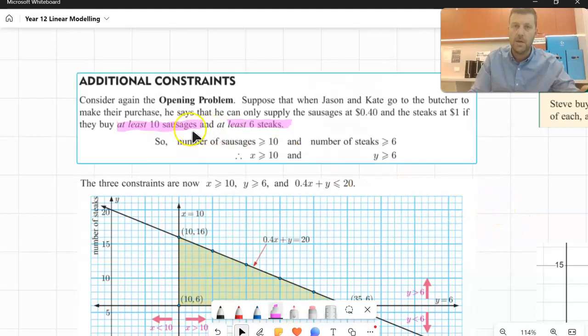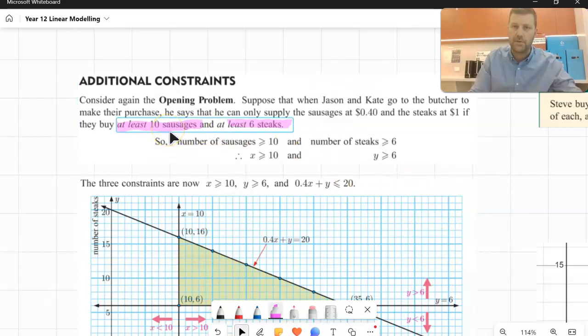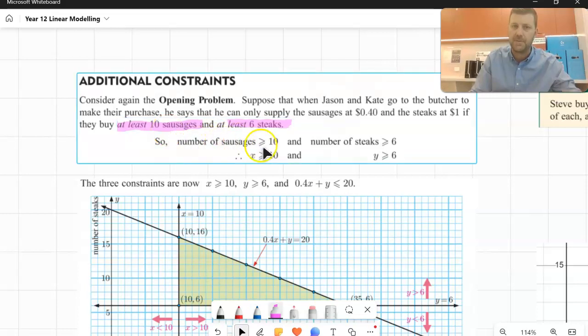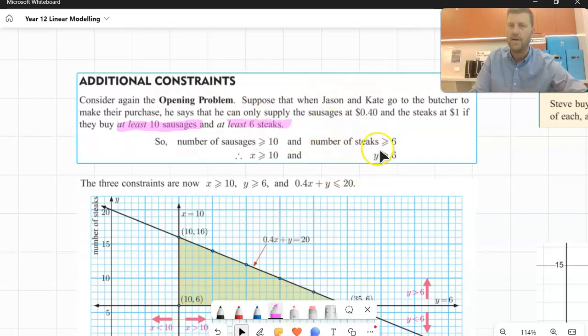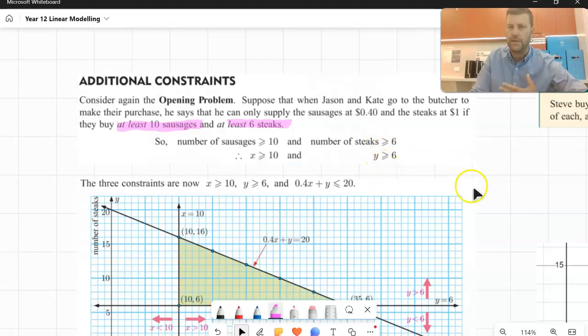Because we said the number of sausages was represented on the x-axis, the number of sausages must be at least 10, so x must be greater than or equal to 10. And we said the number of steaks was represented on the y-axis, and the number of steaks must now be greater than or equal to 6, so that y is greater than or equal to 6.